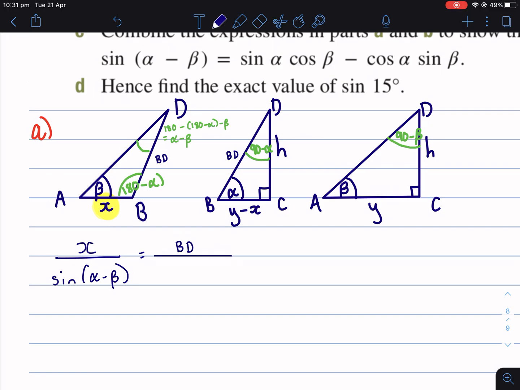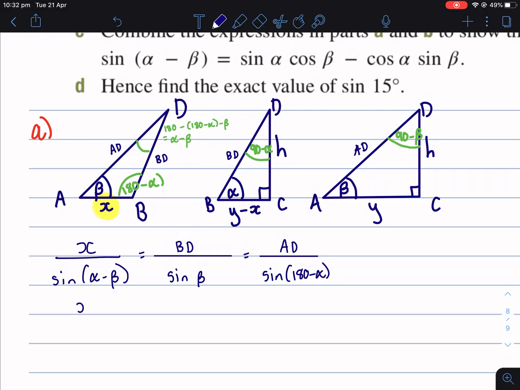There's no point doing AD. Well, I could have done AD, I guess. I'm kind of just playing with it until I find things that I know. BD over sine beta, or if I'd wanted to do AD, that would be AD over sine 180 take alpha.